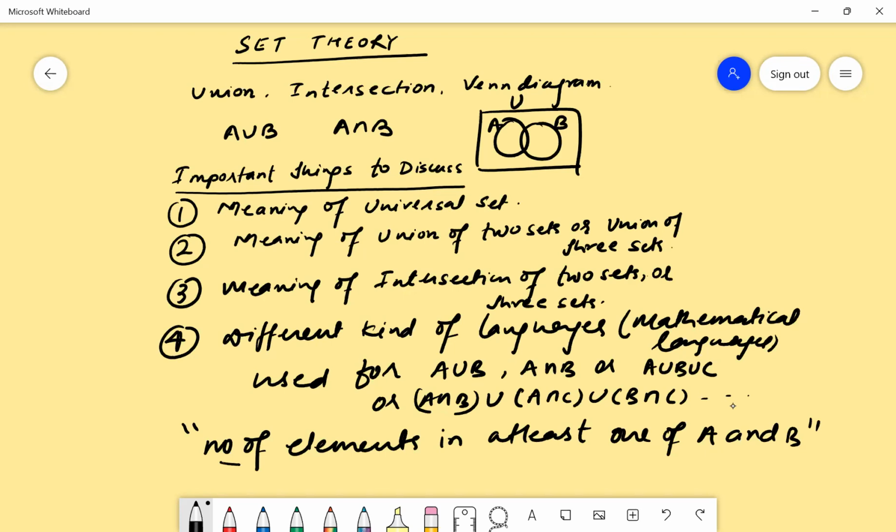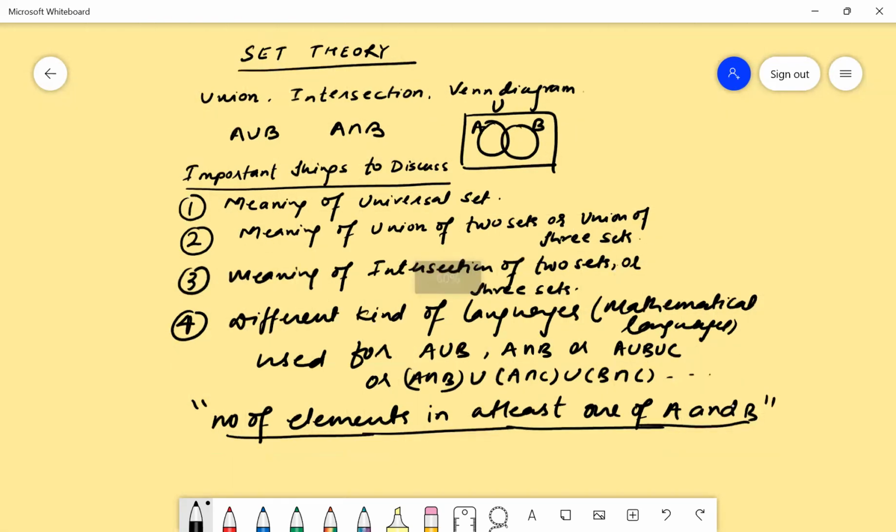So this is very important to understand the language described in a question and to correlate it with the mathematical language. What is the meaning of this with respect to union or intersection? How to relate it with sets?